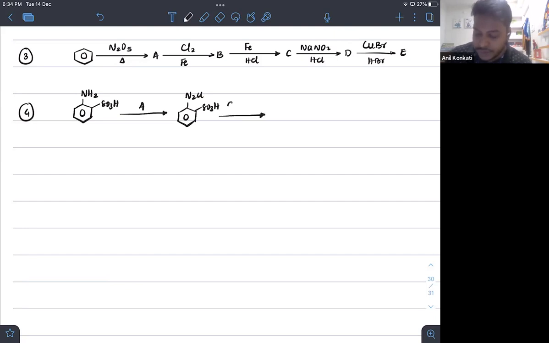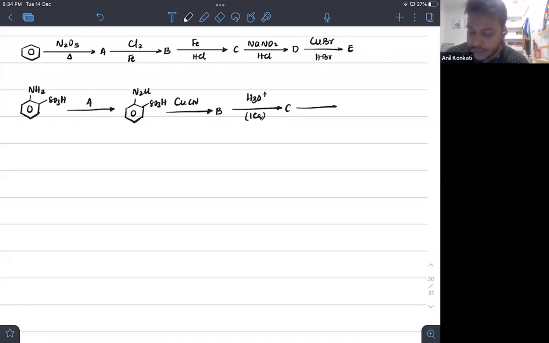With CuCN we get B, with one equivalent of H3O+ it gives C, and on heating we get this product: C=O, S(=O)(=O), with nitrogen and H.